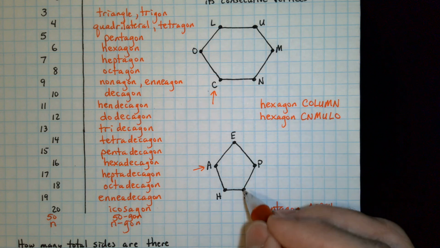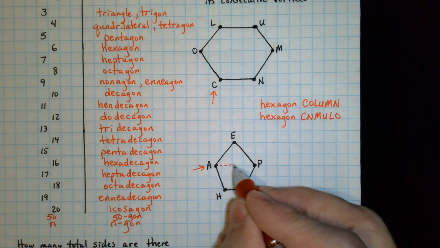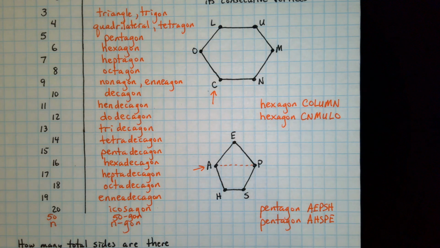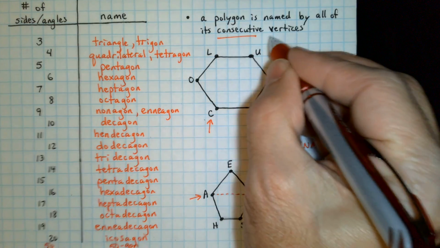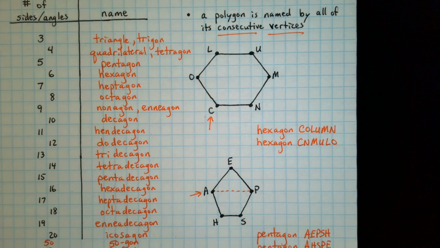S-H-A-P-E. But to do that, I had to go from A to P across the interior of the shape, and that's not allowed. We have to name it by consecutive vertices. So be very careful about that.